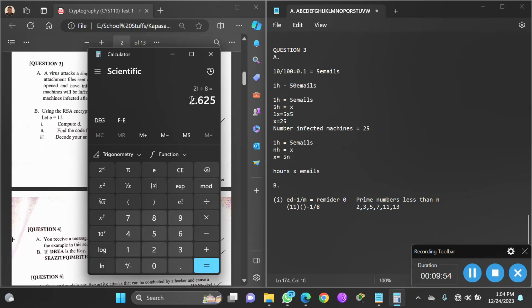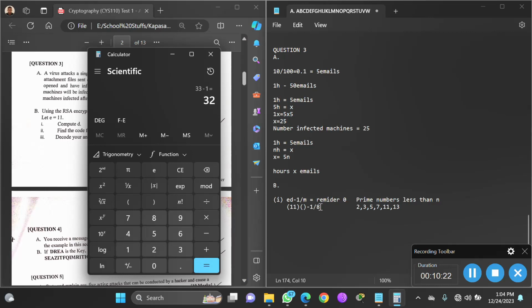As you can see, we are not getting a remainder of 0 because it's not a whole number. So therefore d is not 2. So we try 3. We say 11, times 3, which will act as our d, then we get 33. Then minus 1, we get 32.